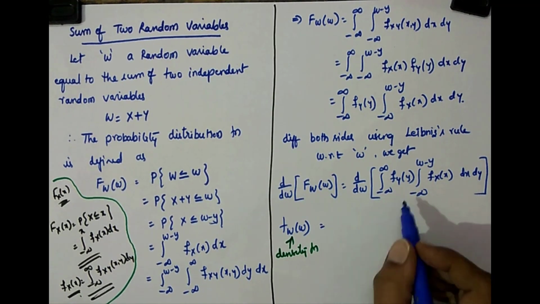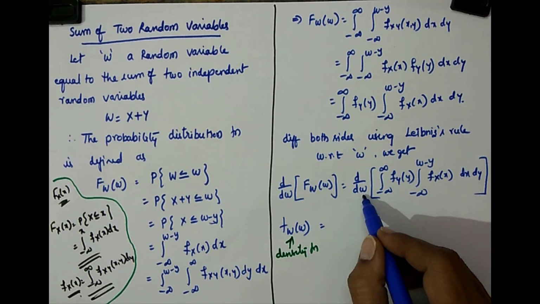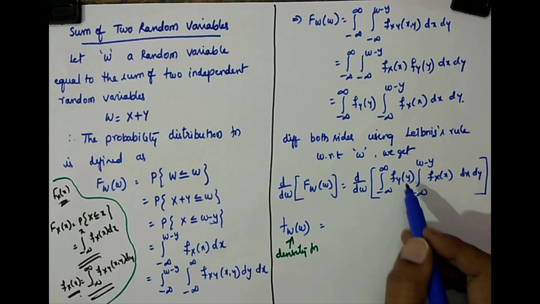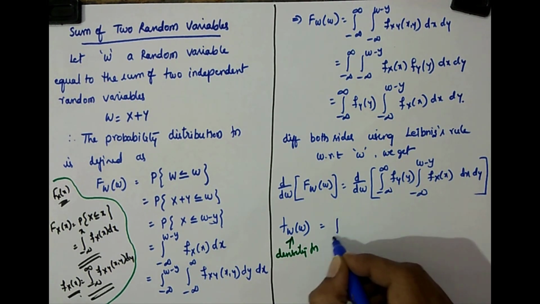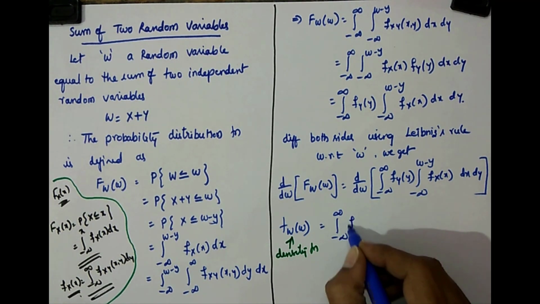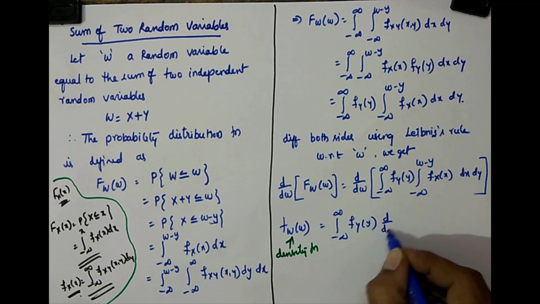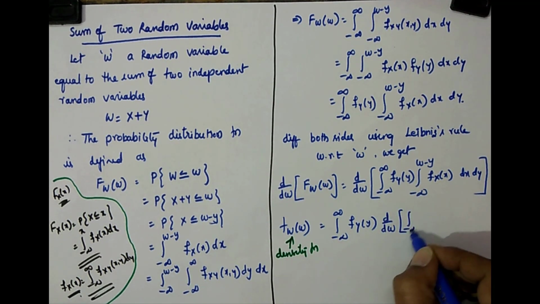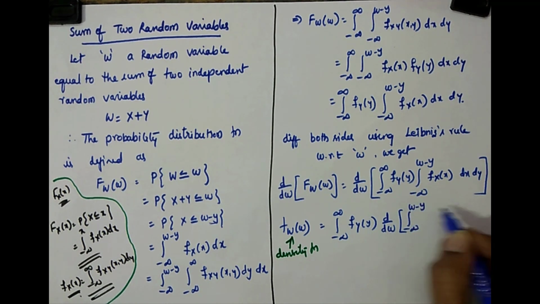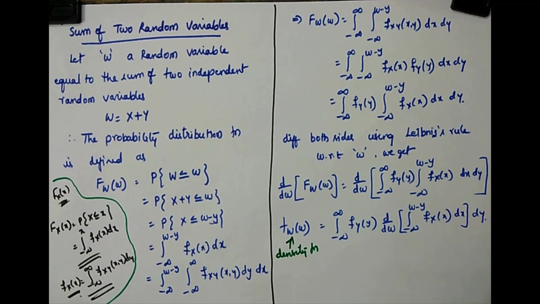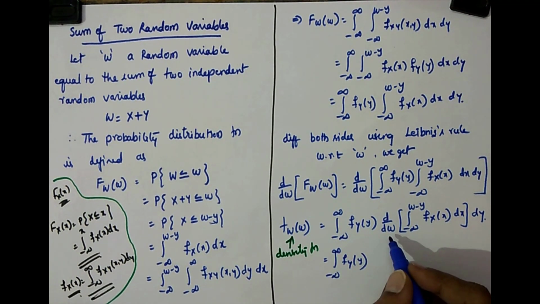See here, w is in the second term only, so the first term is treated as constant. Just keep fy of y, and now it is d by dw of the integral from minus infinity to w minus y of fx of x dx, into dy. Using Leibniz's rule, the differentiation and integration both cancel.